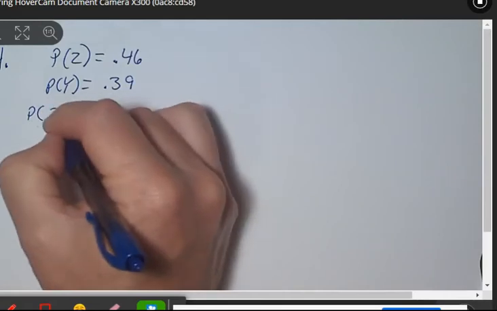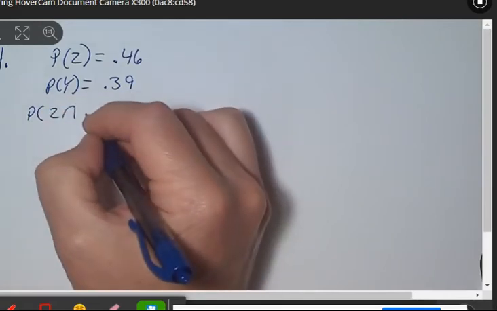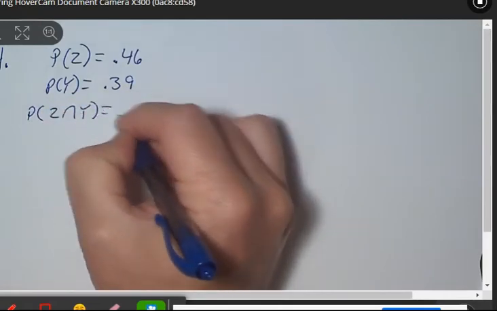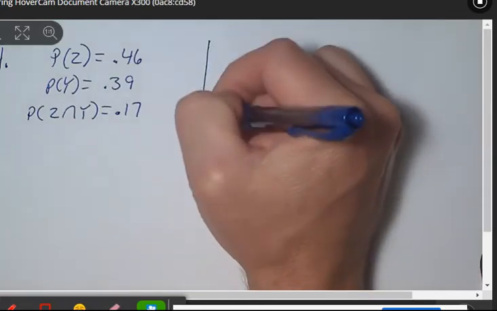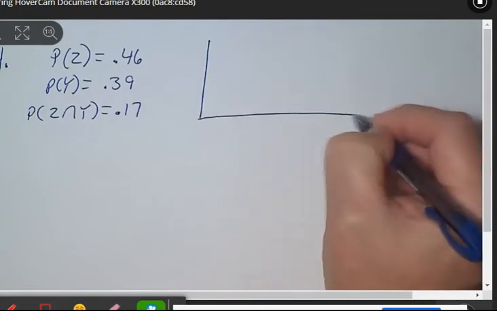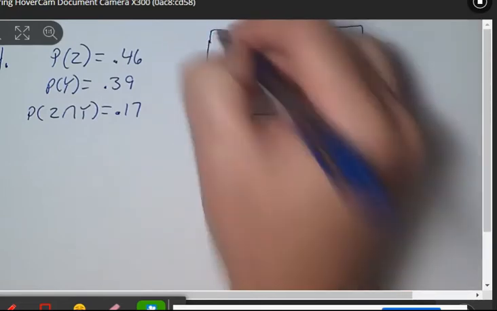P of Z intersect Y is 0.17. And it says use a Venn diagram to, and then they give us all these questions we got to answer, and then we'll go from there. Okay. So this is one of those problems that, to me, you can do it without a Venn diagram, but it does make it easier to have a Venn diagram on this one.